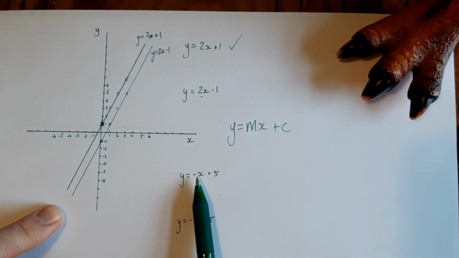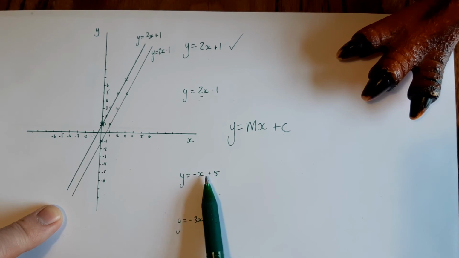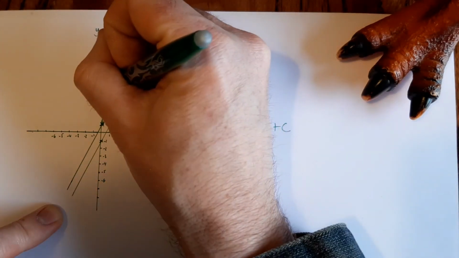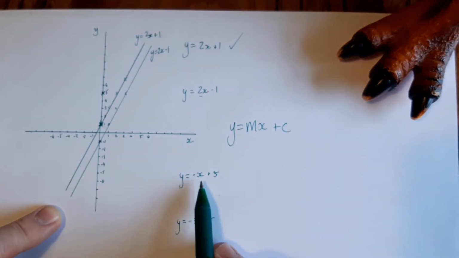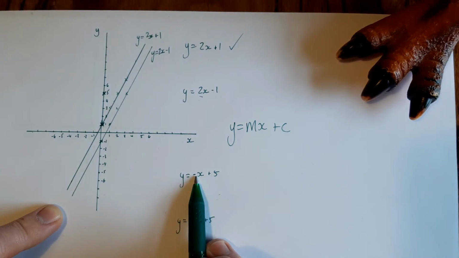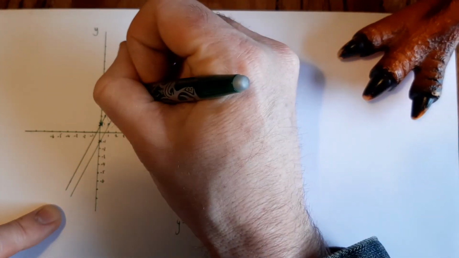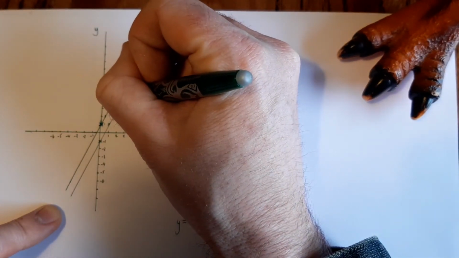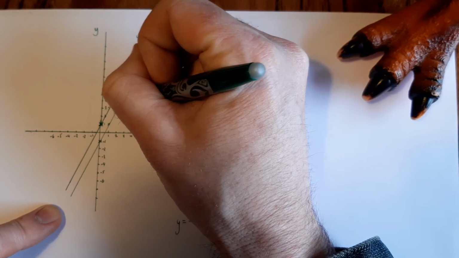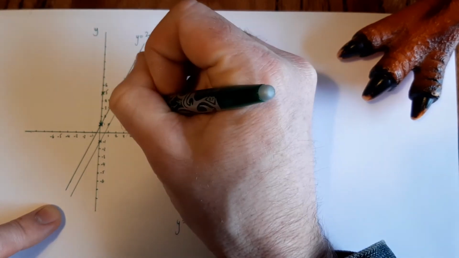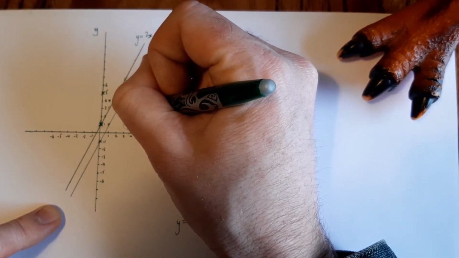This one has a starting point of +5, so I plot the +5. And it's a downward -1, so it's down 1, across 1. I'll try that out starting at 5, down 1 across 1, down 1 across 1, down 1 across 1.